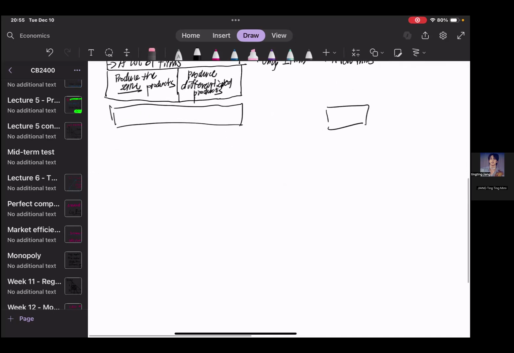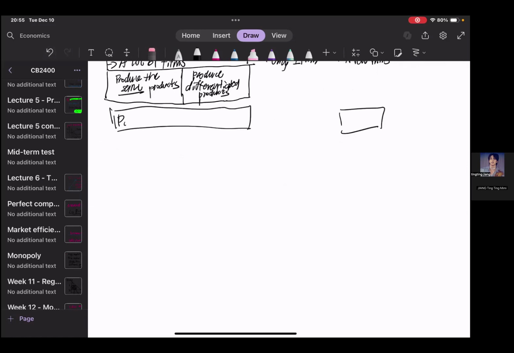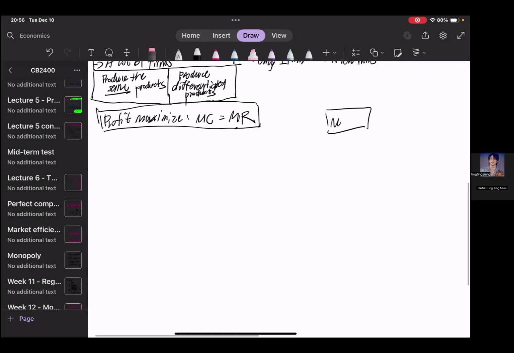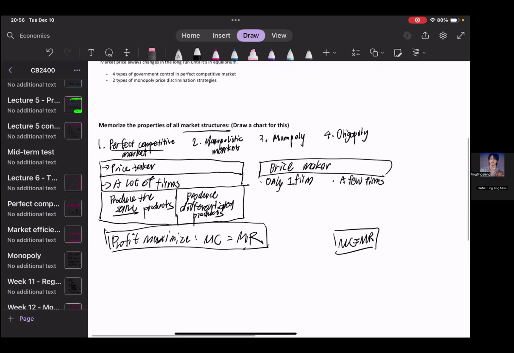It is that when we want to maximize our profit, we will let their marginal cost equal their marginal revenue. Yep, that one applies here too for profit maximization.